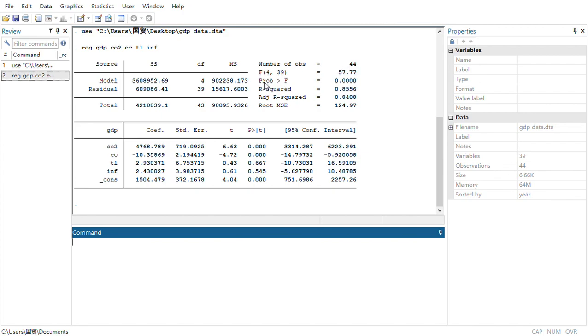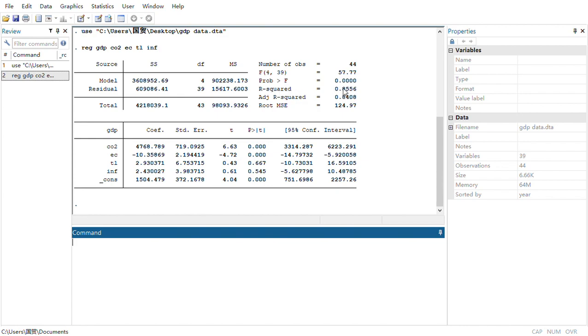Stata will give the probability, the significance of the estimation, which is statistically significant. The p-value should be less than 0.05. Stata will display the R square.